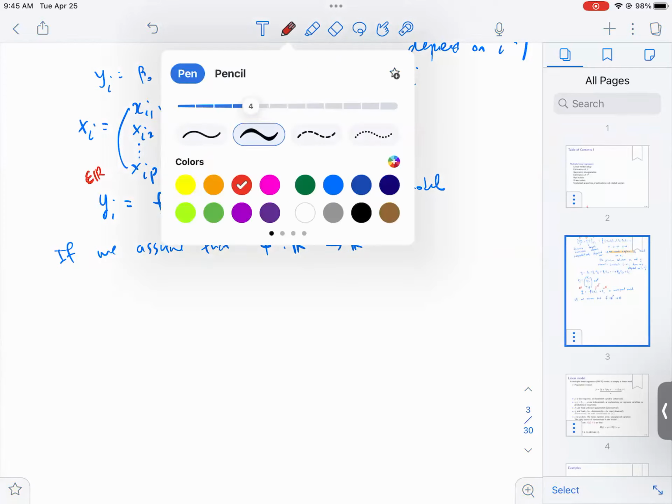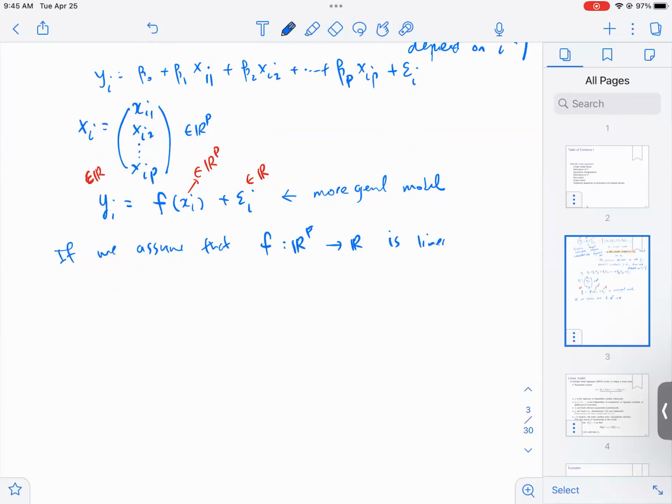So if you assume that this function is linear, so if we assume f is linear, then we get linear regression. So what is a linear function? We talked about linear operators, right?